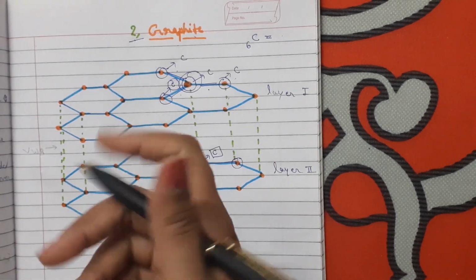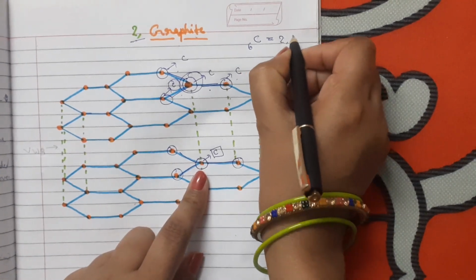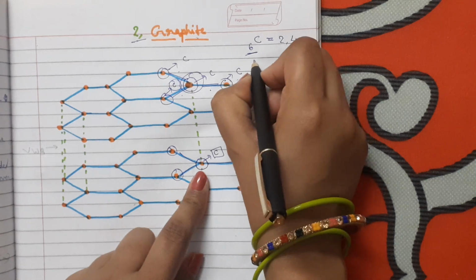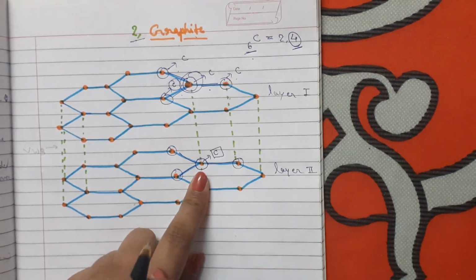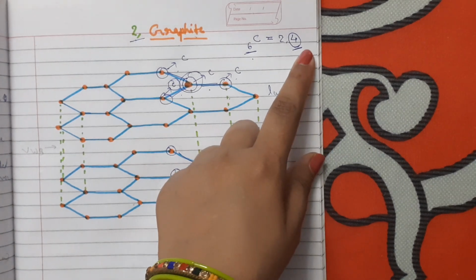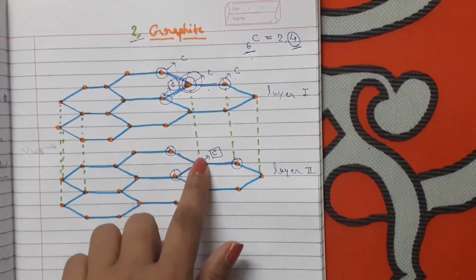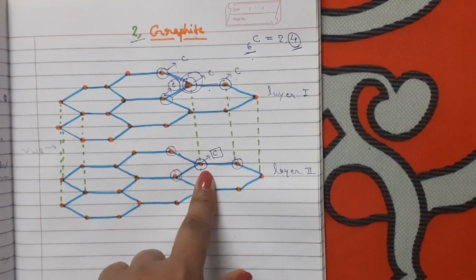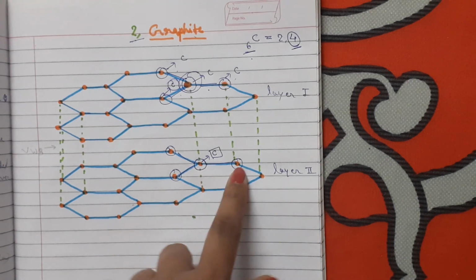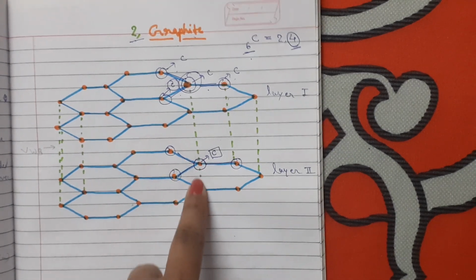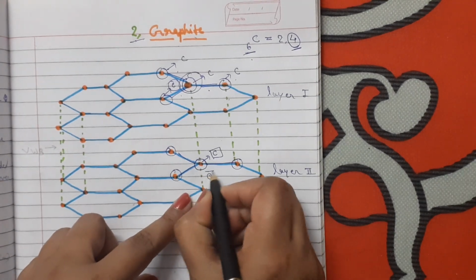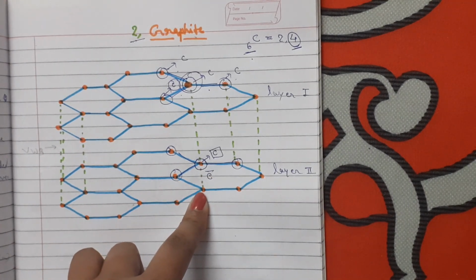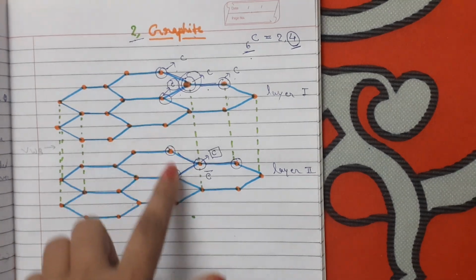Carbon can make four bonds because it has atomic number 6, and there are 4 electrons in the outermost shell. But we can see that there are only 3 covalent bonds here, so there must be a free electron between the layers.